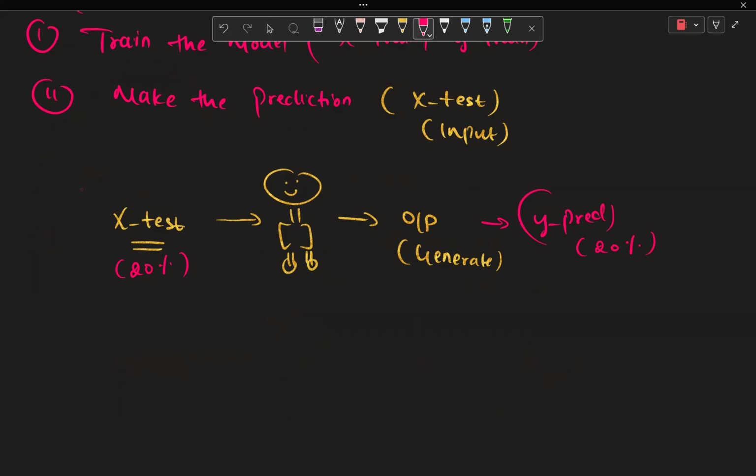Now, is the output given by your model correct or not? For that, you should have the actual output with you. We will validate the predicted output.